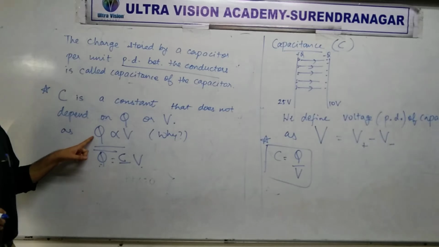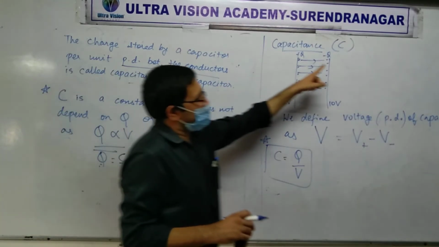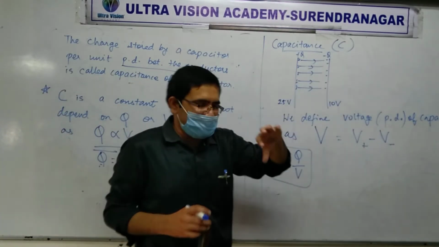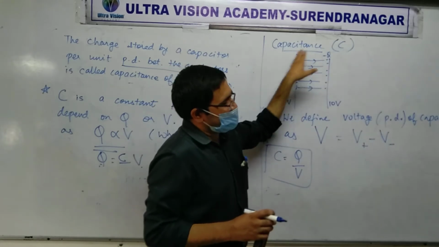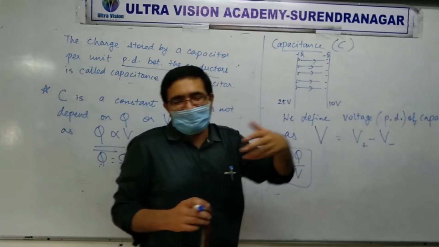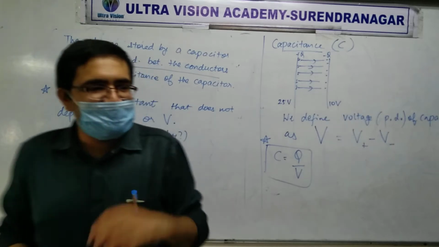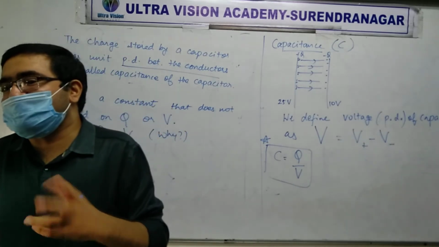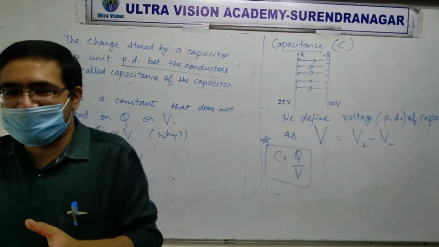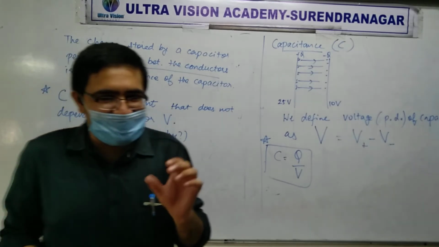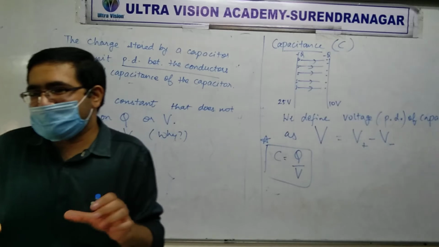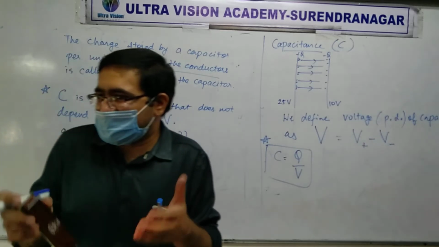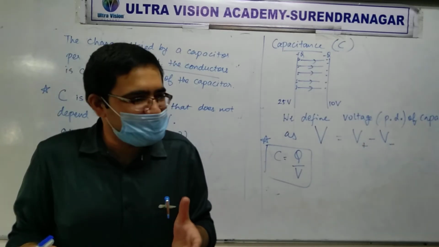Do you realize that the more charge is stored here, whatever the shape, doesn't matter, the stronger will be the electric field. Yes or no? And if electric field is more, then definitely the potential difference is also more. That magnitude of electric field is related with how quickly the potential is changing. That is potential difference. Understood?